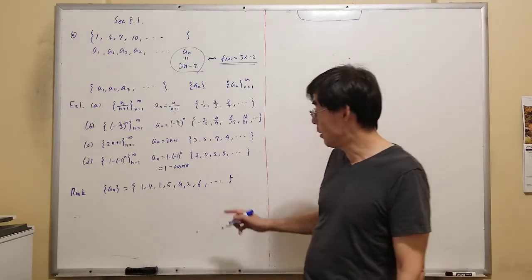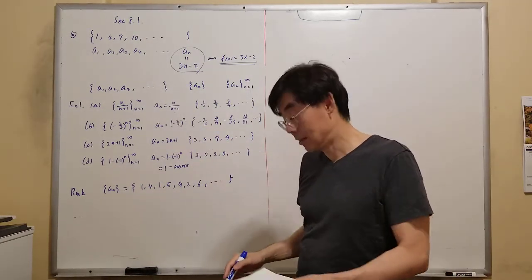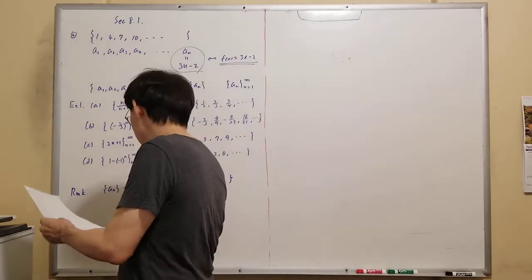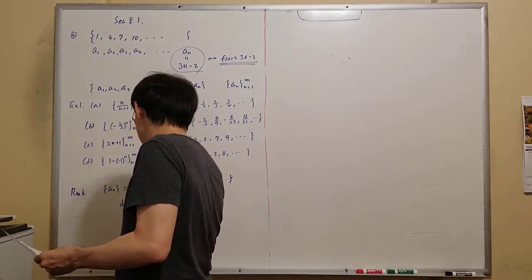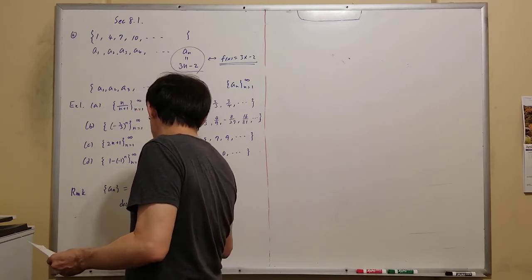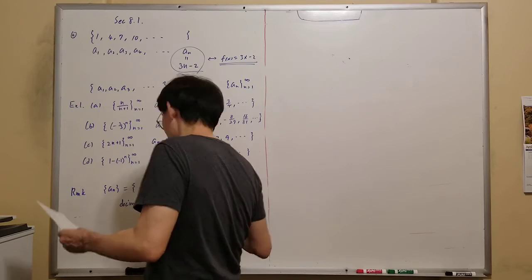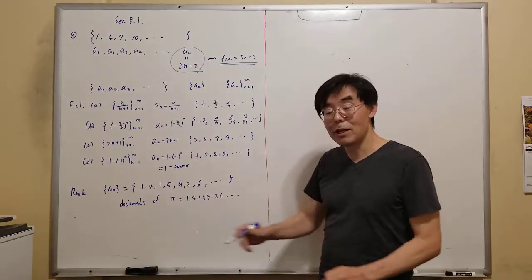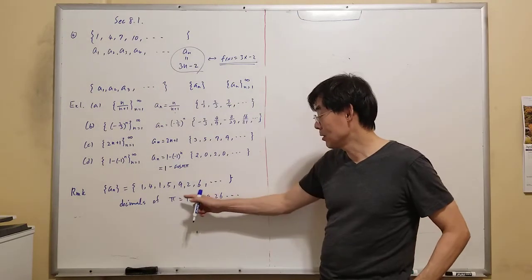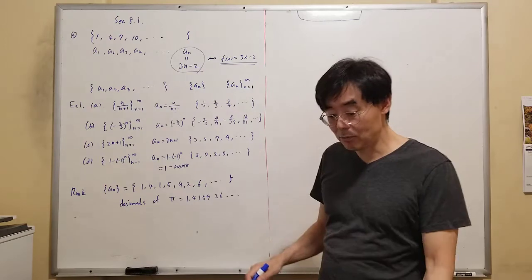It will be extremely hard. There's no explicit formula here because this is decimals. Decimals of pi equals 3.14159. Keep going. Okay? Pi is an irrational number. Irrational number, that means there's no repetition here, no explicit rule.